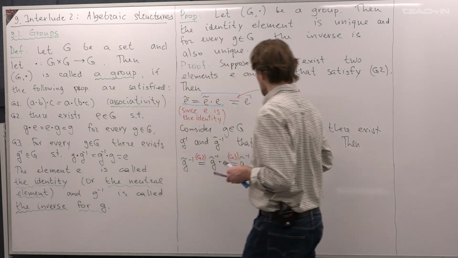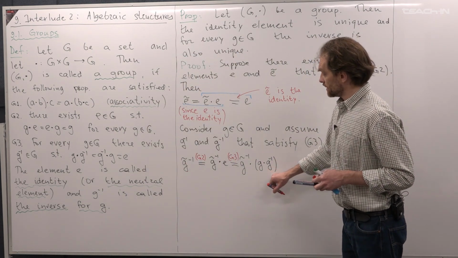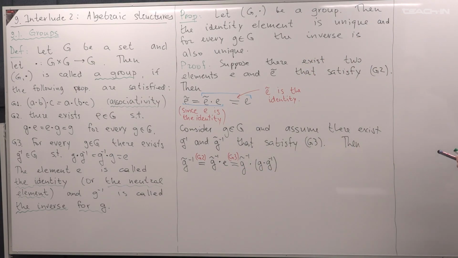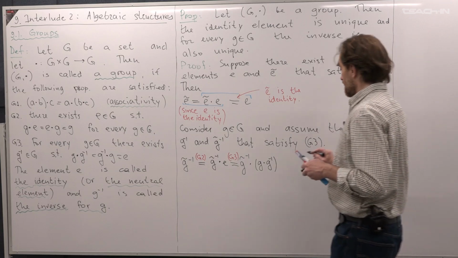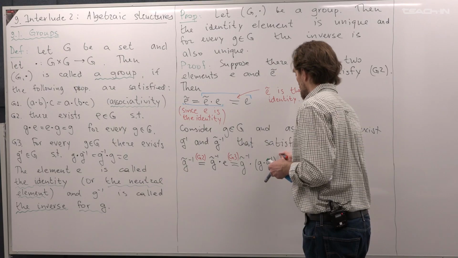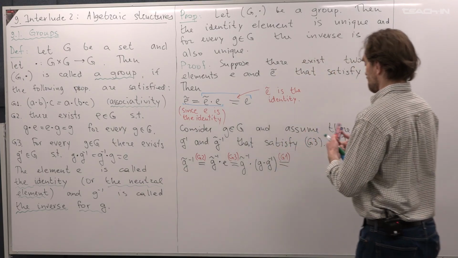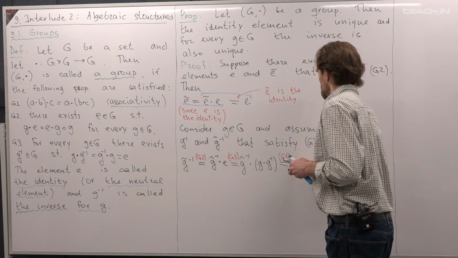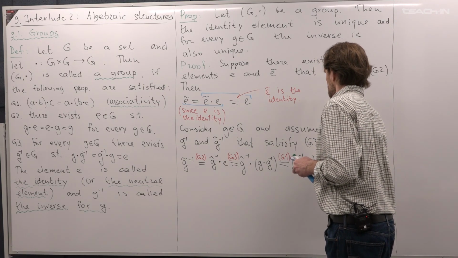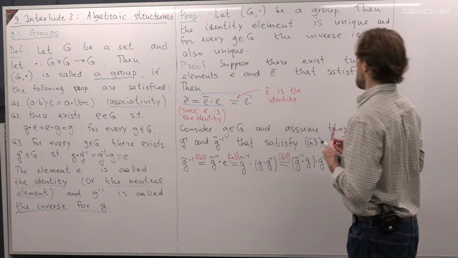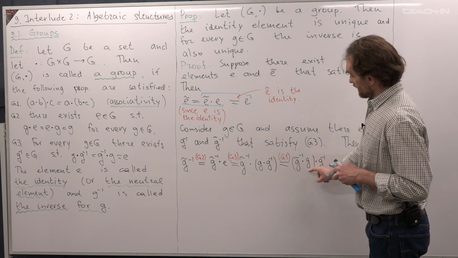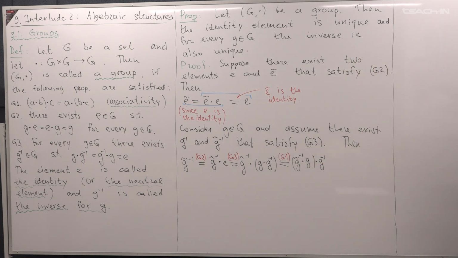So we apply this property to the element G. So the product of G and G to the minus 1 should be equal to E. Okay, and then we're going to use the associativity property. This is G1. So this is equal to G tilde to the minus 1 multiplied by G and multiplied by G to the minus 1.